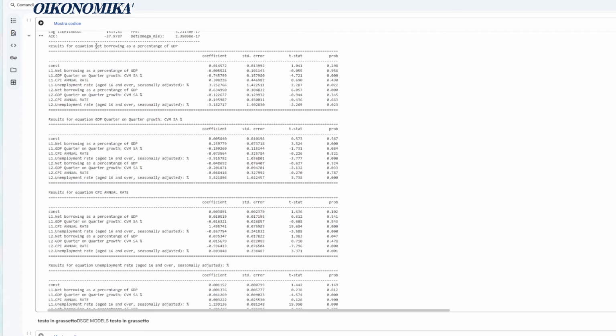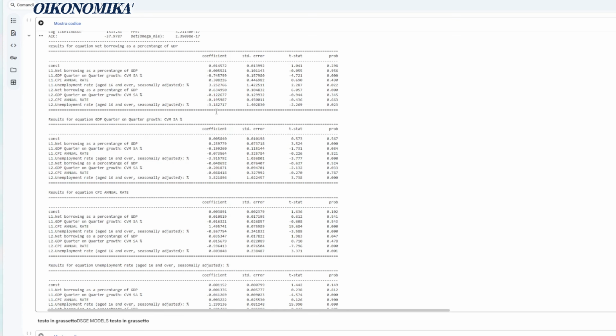Here we have, for example, net borrowing as a percentage of GDP, which is the dependent variable. Then we have the other independent variables, the linearly independent column vectors in this model.